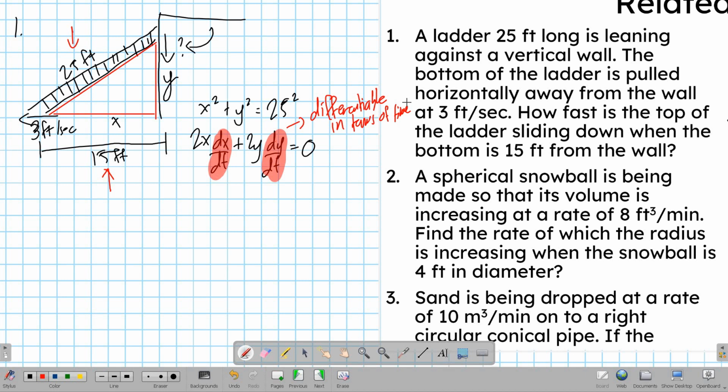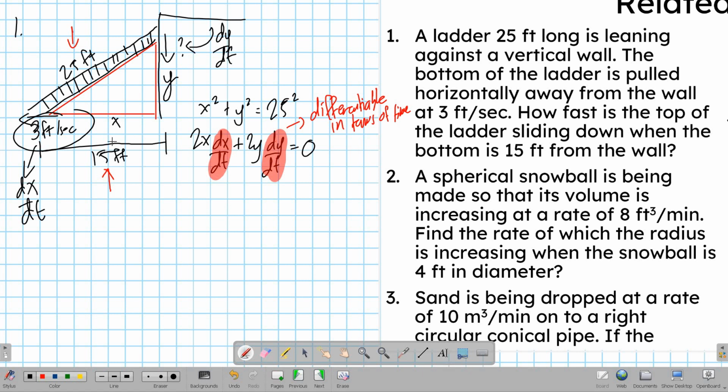These would actually be rates. In this specific case, dy over dt is what we're looking for. The one that's going down is actually dy over dt, the rate at which this vertical side gets shorter. This 3 feet per second is your dx over dt because that affects the length of the horizontal side.